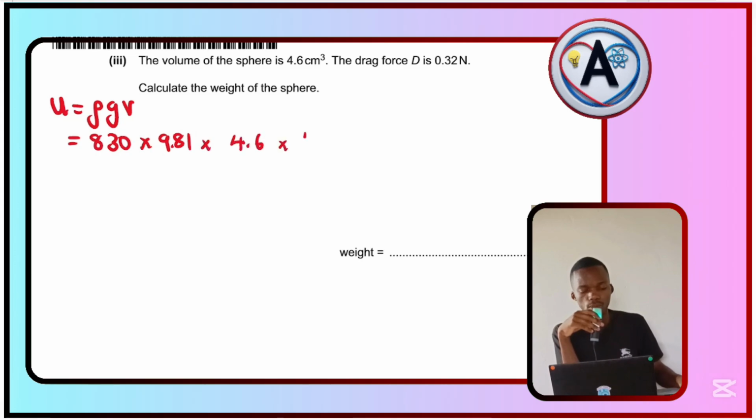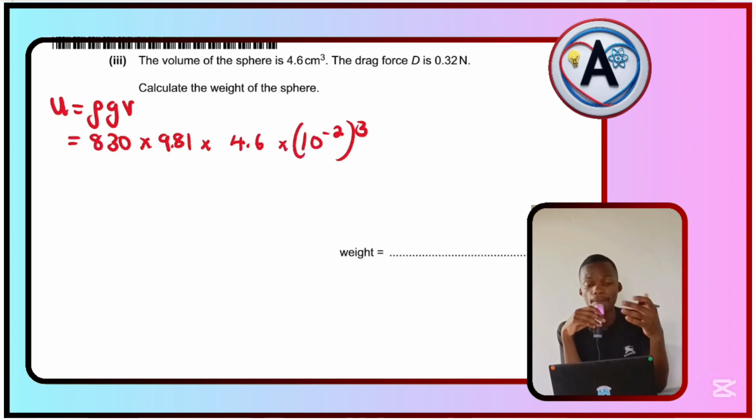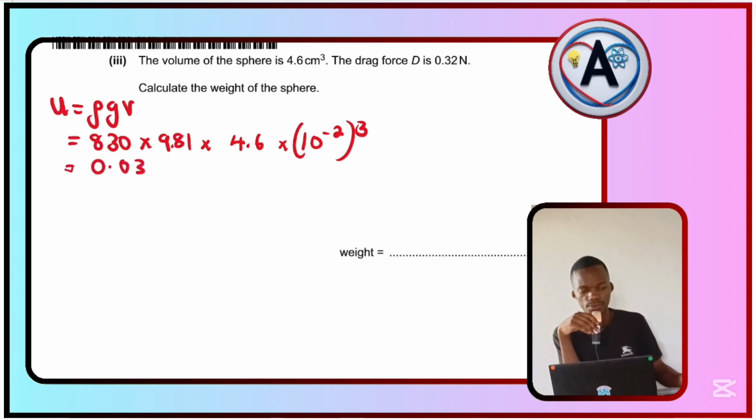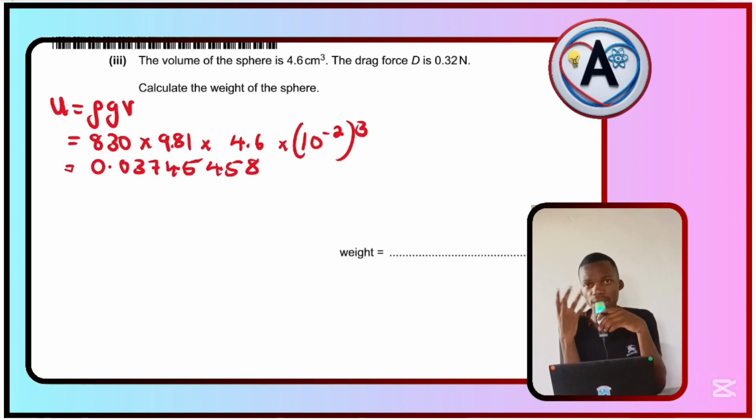My volume is 4.6 times 10 to the power of negative 2 cubed, right? Cm, that's 10 to the power of negative 2. I want to convert that to meters cubed because there's that little 3 over there. Do you get it? So my upthrust force is basically just going to be 0.03745458. That's what my upthrust force equates to.